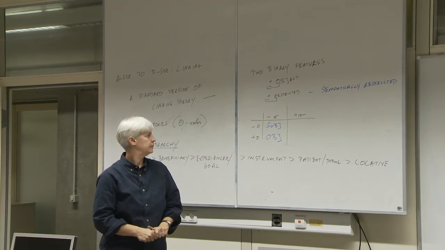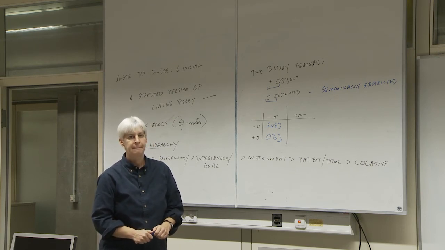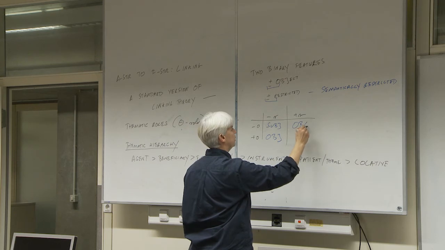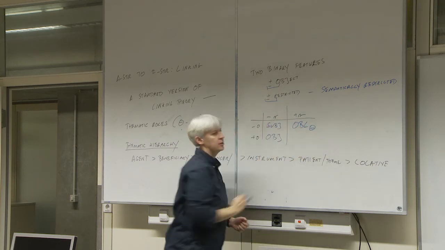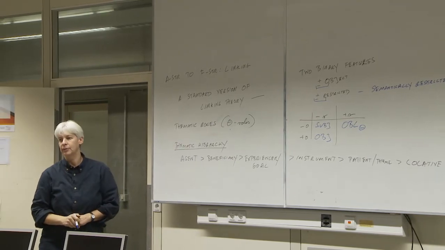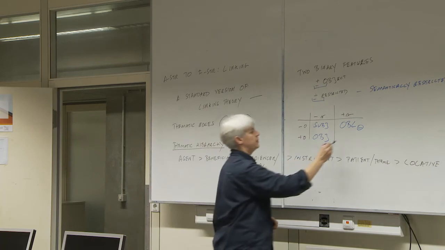Oblique theta. Oblique theta, is it an object or not? By definition, it's not an object. It's an oblique. And it has this little theta on it, so the idea is that it's associated with a specific thematic role. And then here we have an object theta.